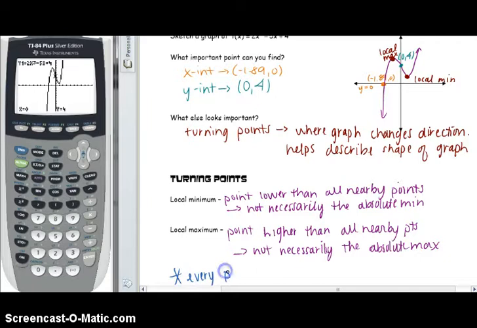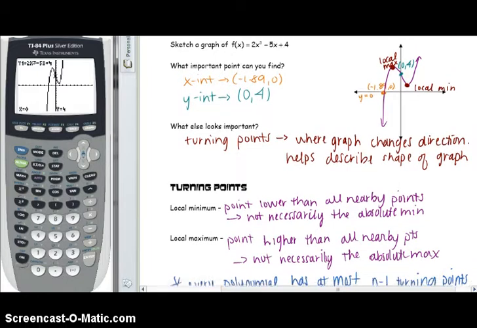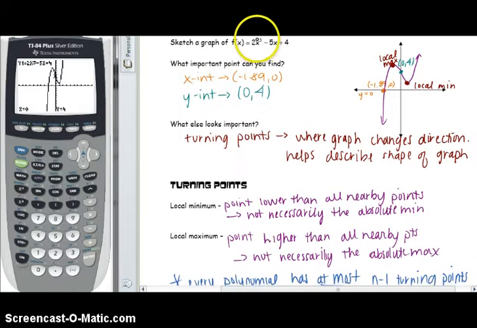Okay, something to note about this is that every polynomial has at most, underline that, n minus 1 turning points. So in this case, we're looking at this polynomial here, 2x cubed minus 5x plus 4.